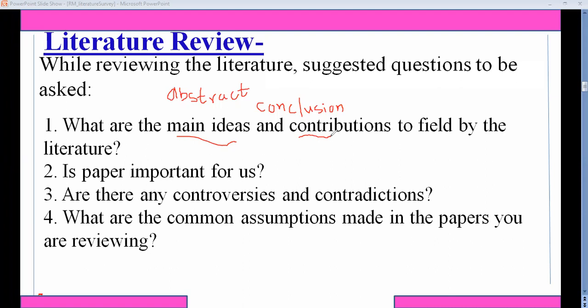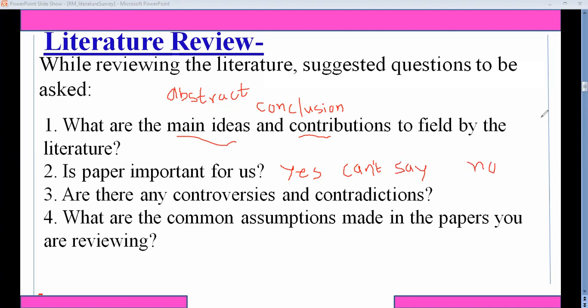Then comes the second point: is the paper important for us? You can say yes, or can't say right now, or you say no. If you say no, then you reject the paper; there's no need to keep it for further reference, because it is not related to us.